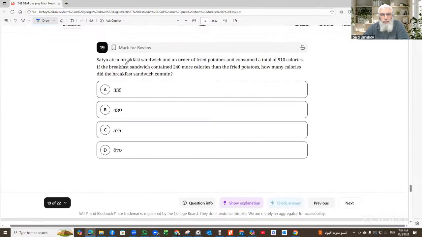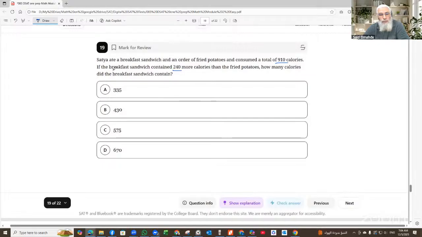Satya ate a breakfast sandwich and an order of fried potatoes and consumed a total of 910 calories if the breakfast sandwich contains 240 more calories than the fried potato.